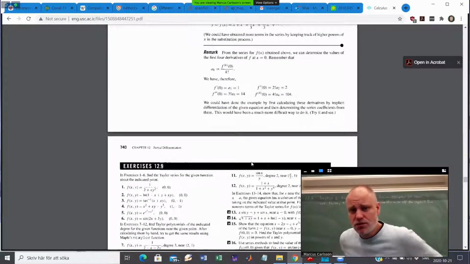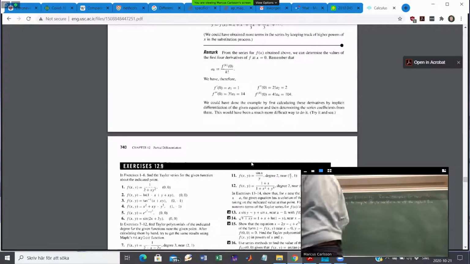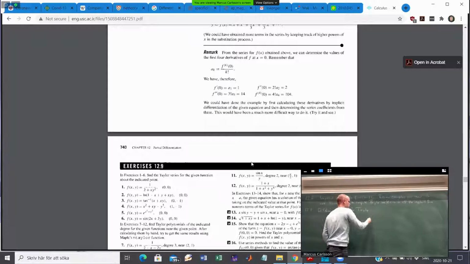Okay, so what should we write here? 12.9. Different formulas for Taylor. In particular, this one is in my mind the most beautiful one.